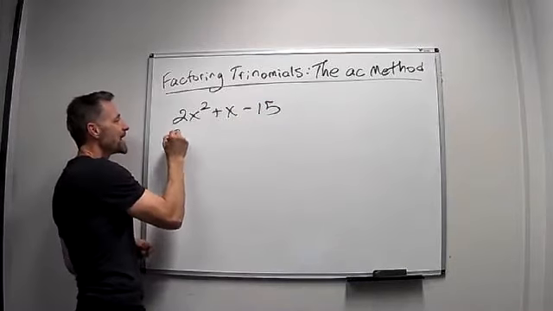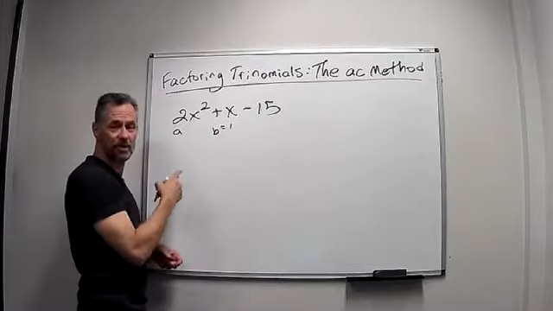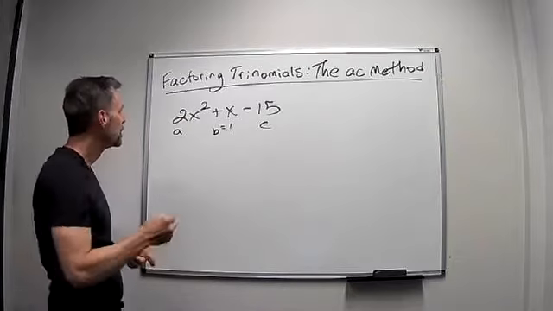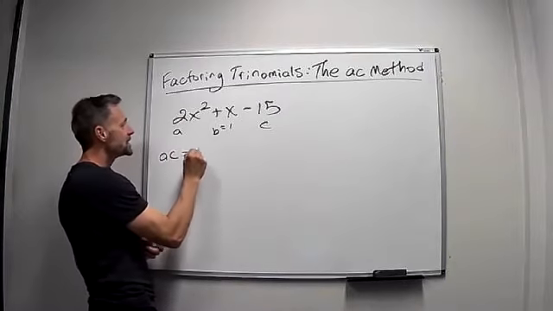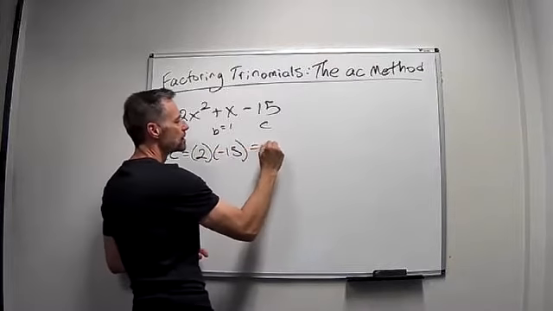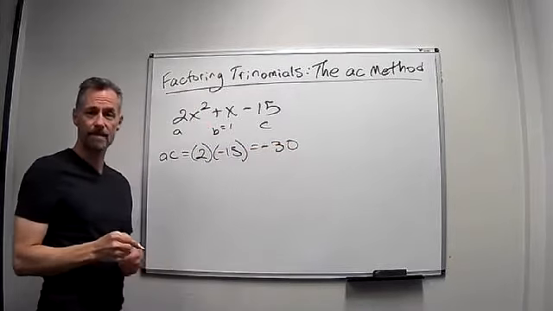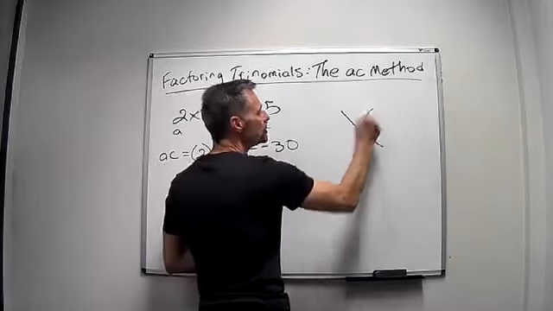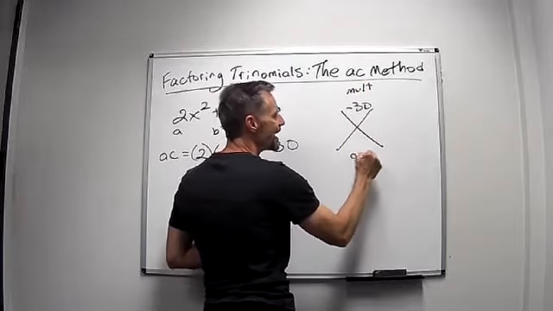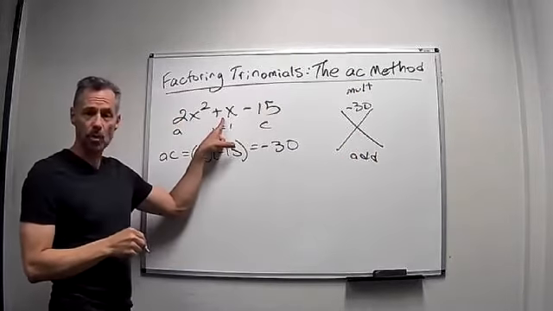This time, a is 2, b is the 1. We don't see the 1, but that's obviously a 1x, and c is negative 15. So when I do a times c, I get 2 times negative 15, or negative 30. Now when I factor, I'm looking for two numbers that multiply to negative 30, but they add this time to a 1.